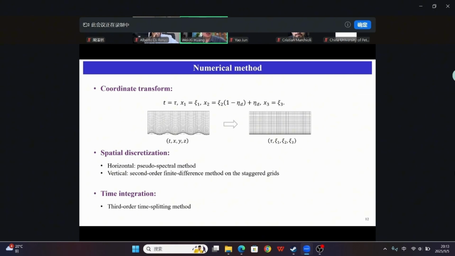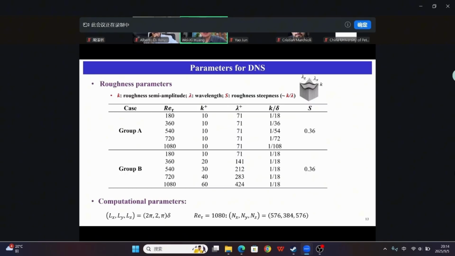And also we use the pseudo-spectral method in the horizontal direction, and the finite difference method in the vertical direction, and the third order time splitting method for time advancement.